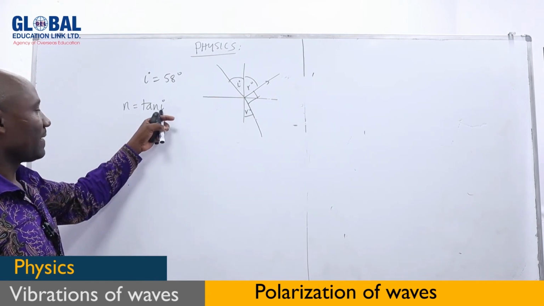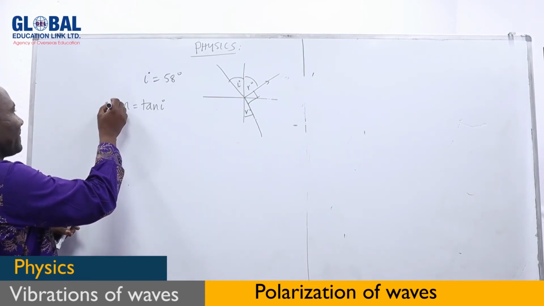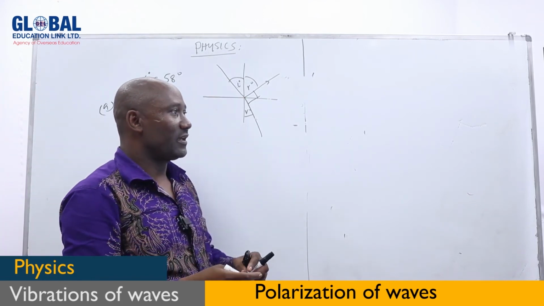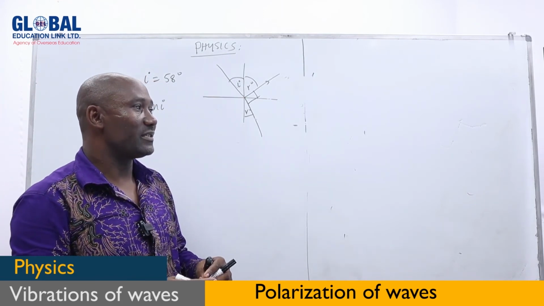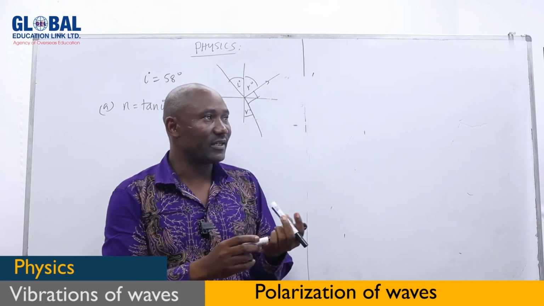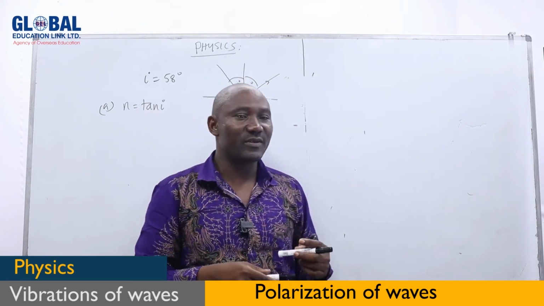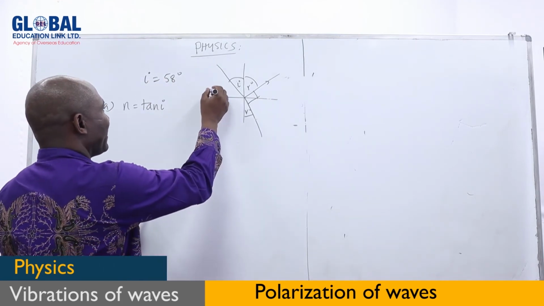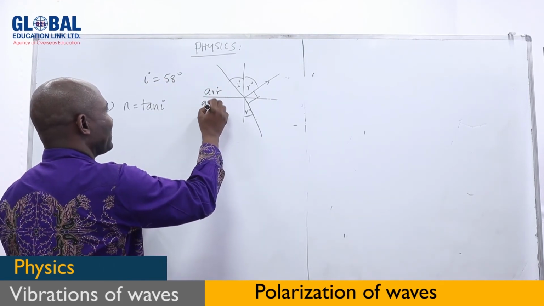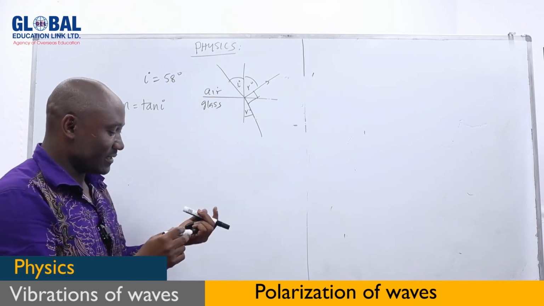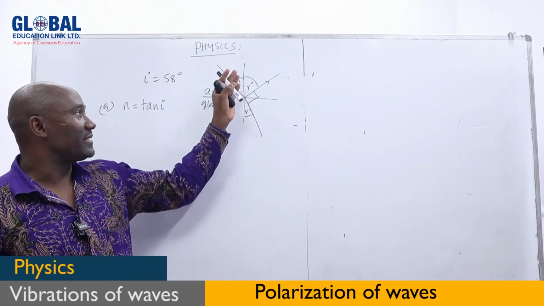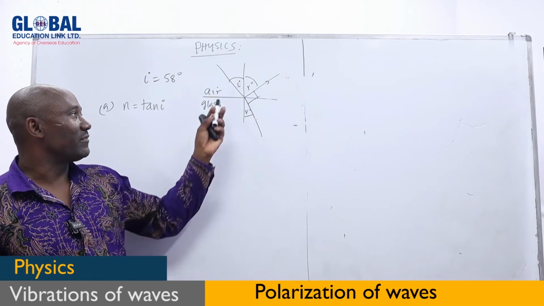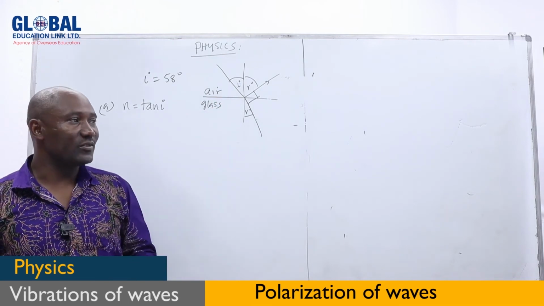So we know the angle of incidence is given in this question. And because it's given that it is falling on the surface of the plane, we assume that it is from air. But if the question says that it's coming from another medium, then the refractive index of the first medium should be introduced.